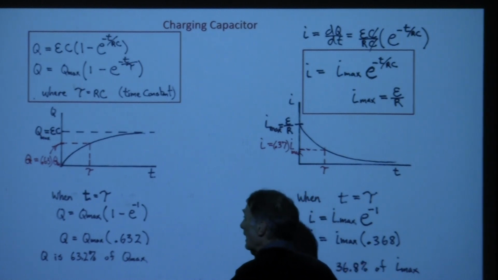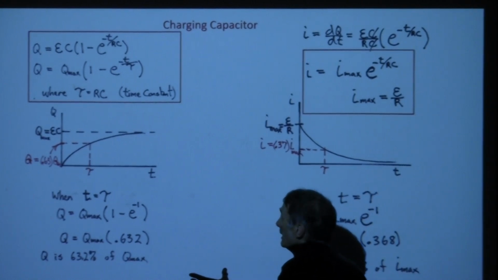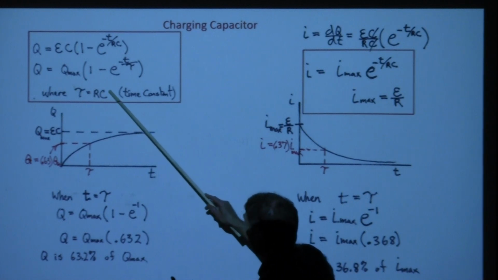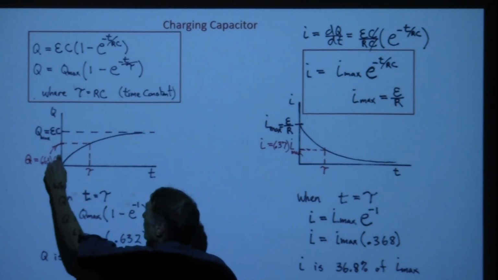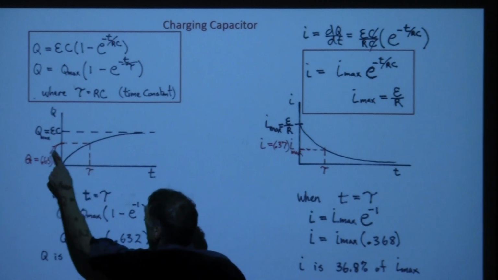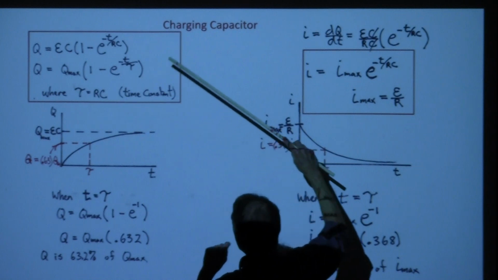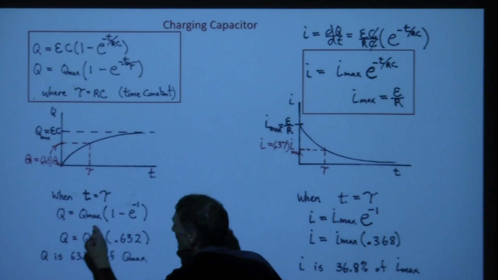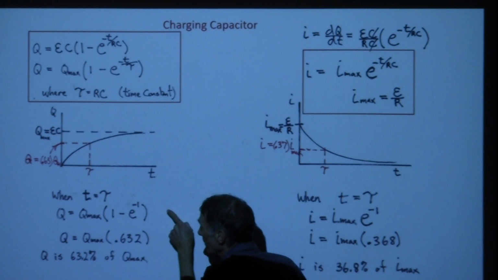Now, what can be handy is this time constant, tau. There's nothing really physically significant from it. It's more just a convenient thing to calculate. Just pull out your calculator, R times C, and it will not tell you when it's fully charged, but it will tell you when it's reaching a certain amount. Now that certain amount is when t is equal to tau, then this equation would just reduce to Q max times 1 minus e to the minus 1.